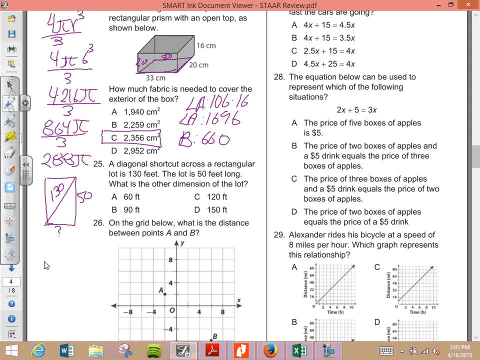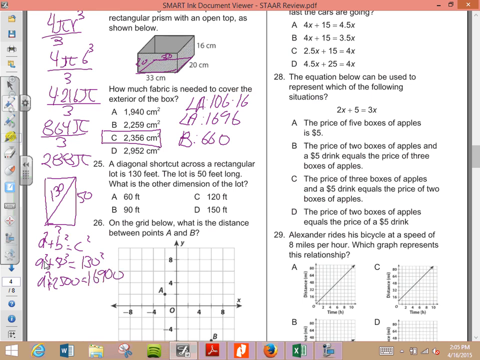What do you do? Yes. A squared plus B squared equals C squared. We don't know A squared, but we know B squared. We know C squared, right? So what is B squared? Yep. What is C squared?